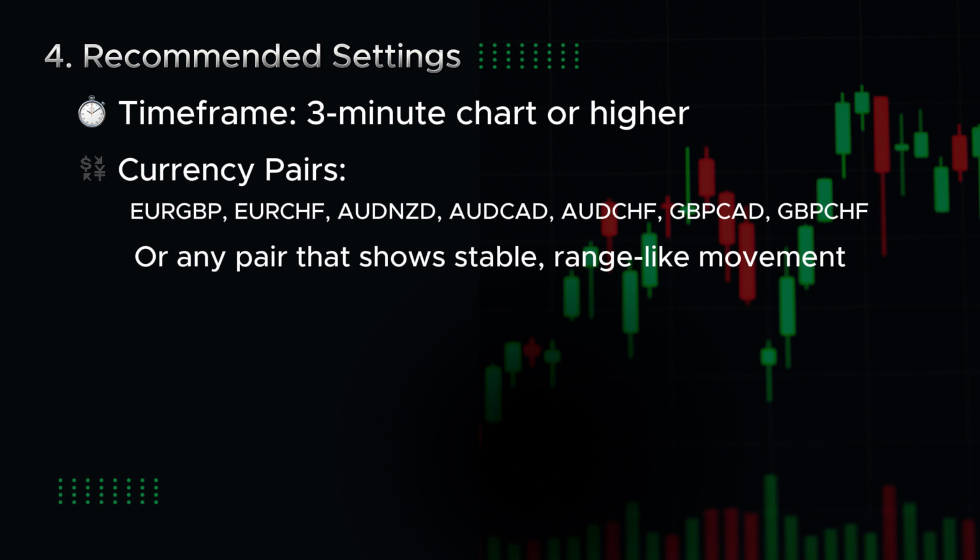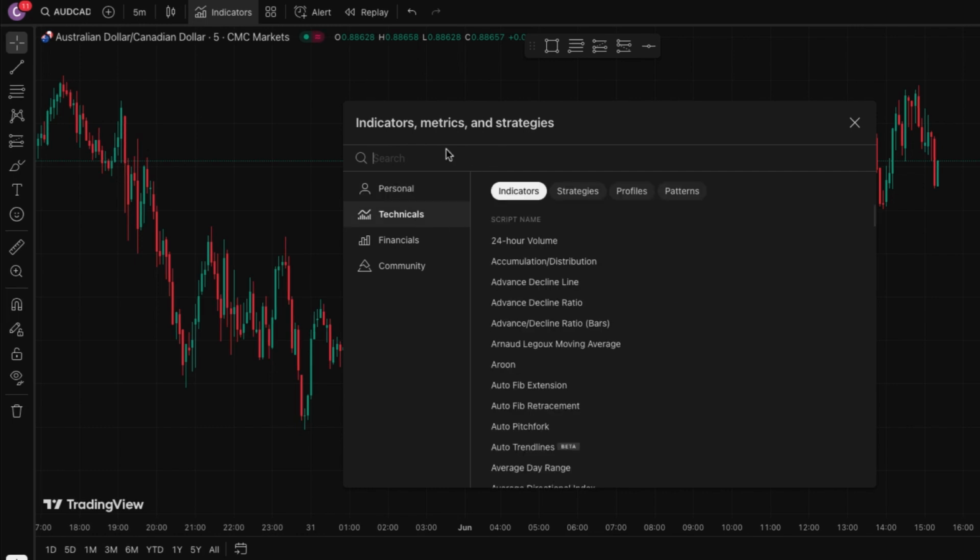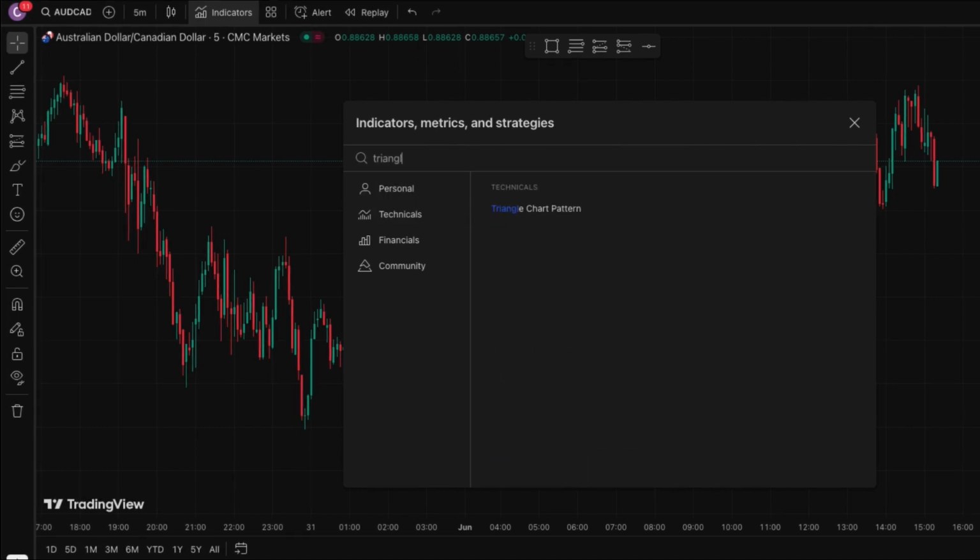Before we jump into the strategy itself, let's set up the indicators you'll need on TradingView. First, we'll add the TMA or triangular moving average.